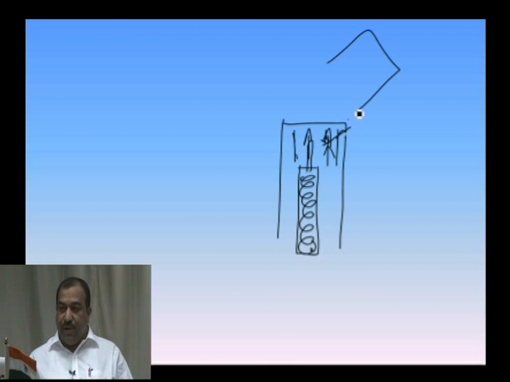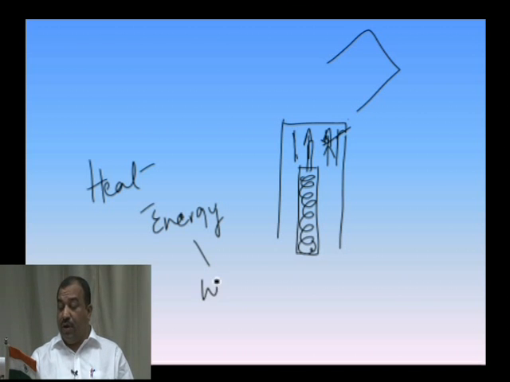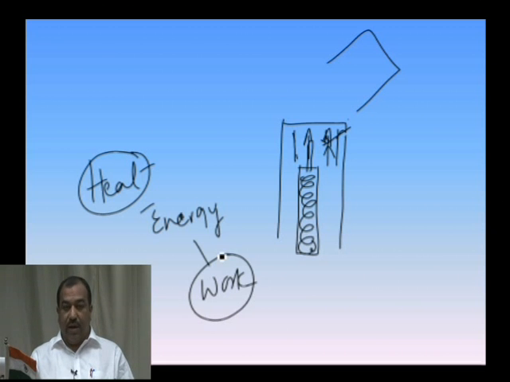When it gets displaced, work is said to be done. That means that heat is a form of energy. Energy is the capacity to do work. So, in thermodynamics we are learning how to convert heat into mechanical work.